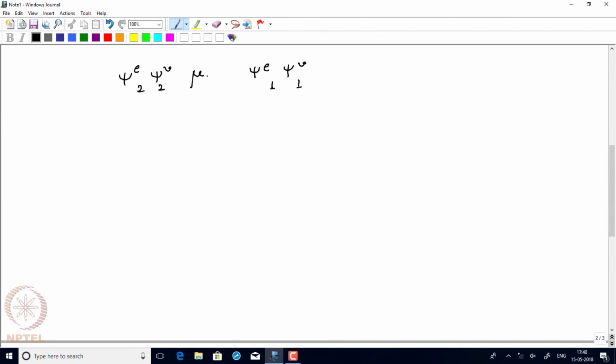This dipole moment, which is a vector quantity, with mu dot E where E is the electric field, is known as the transition dipole operator, transition dipole moment, or sometimes the transition moment. And this is of course an operator because it is operating on the wave function. Then we have to integrate over all possible electronic coordinates.